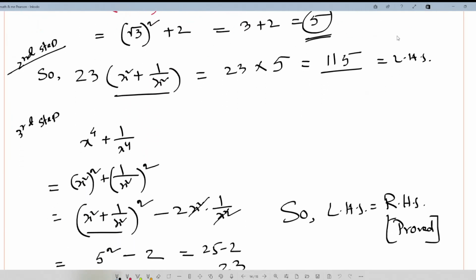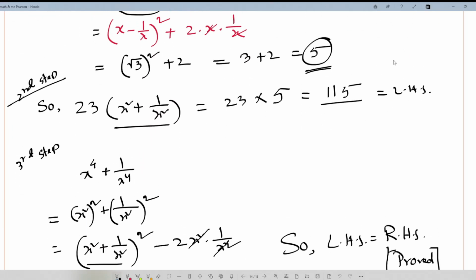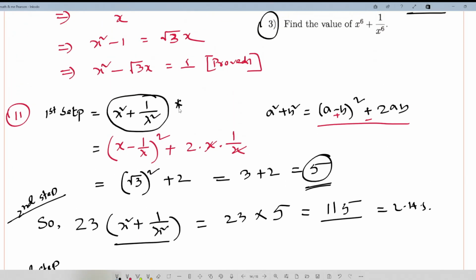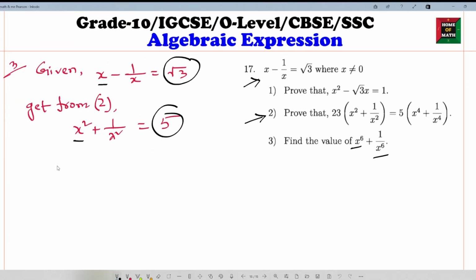It means just a few moments ago we found the value of x square plus 1 by x square, which is 5. Now here is x to the power 6 plus 1 by x to the power 6. This one we can elaborate like x square to the power 3 plus 1 by x square to the power 3.